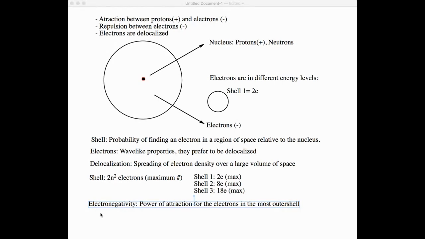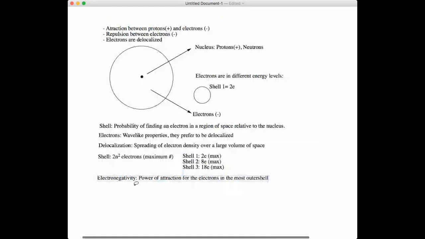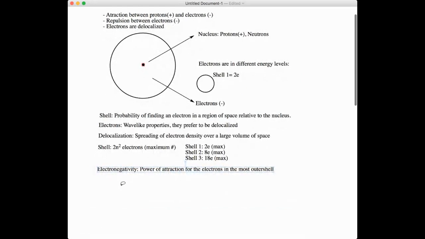All right, so another thing that I also wanted to go over here is what happens within a shell. So shells are divided in subshells. Okay, and those subshells are designated by letters.